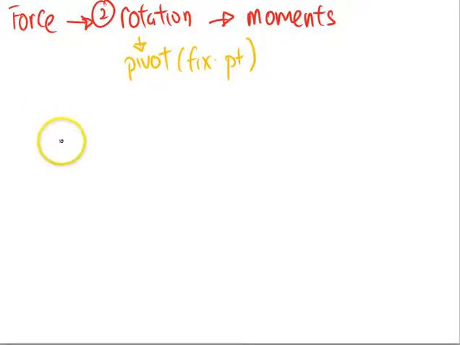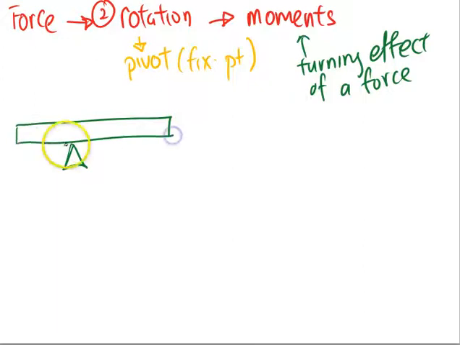Now, let's go through a simple question here. For example, you will typically see a beam with a triangle. This triangle normally represents your pivot. The pivot point is at this point over here. Then let's say I have a force being exerted downward, and I call this F1.